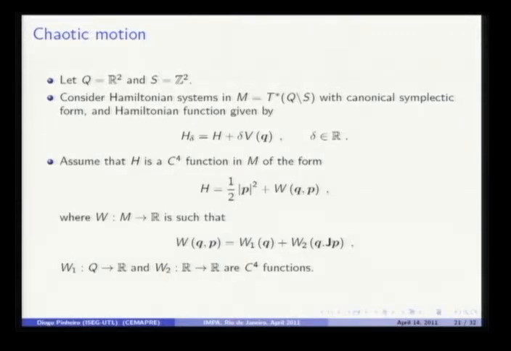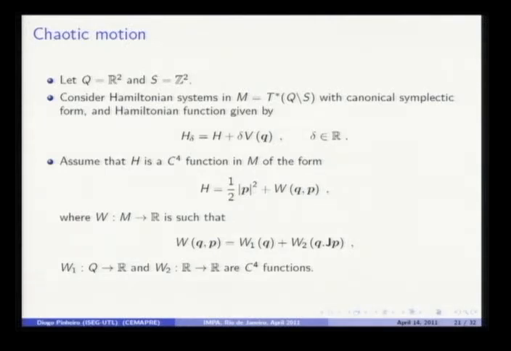We assume that these Hamiltonian systems have the canonical symplectic form and are of the form H plus delta V. This V is just some interaction potential. So we'll look at the dynamics of these Hamiltonian systems as perturbed dynamics of some original Hamiltonian system plus this interaction term.